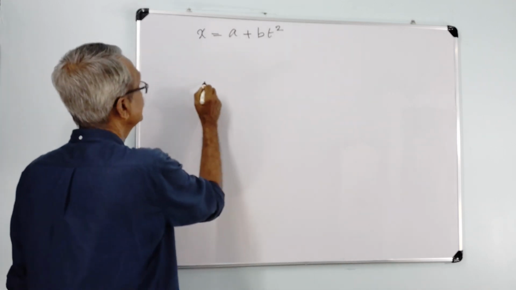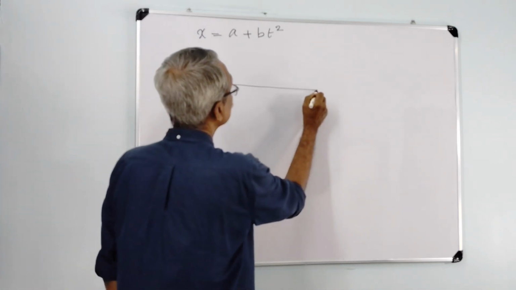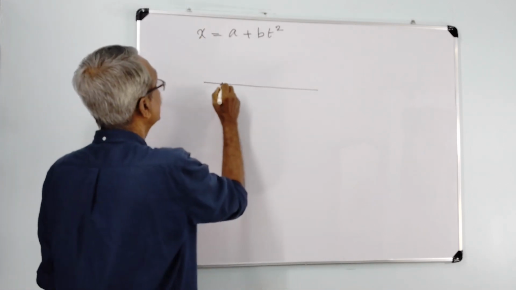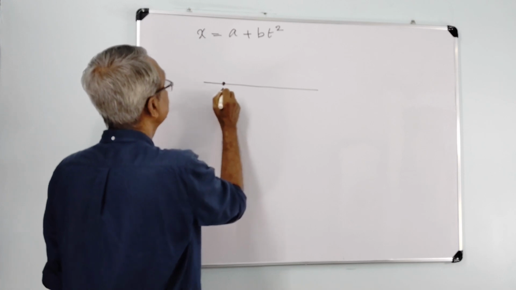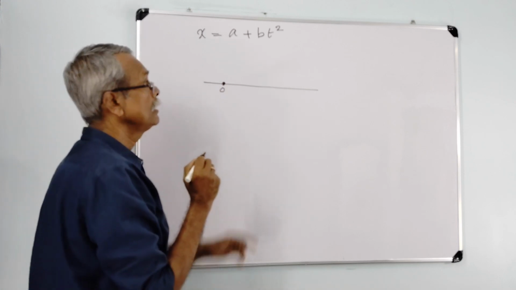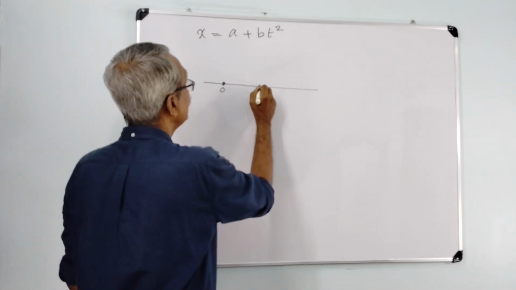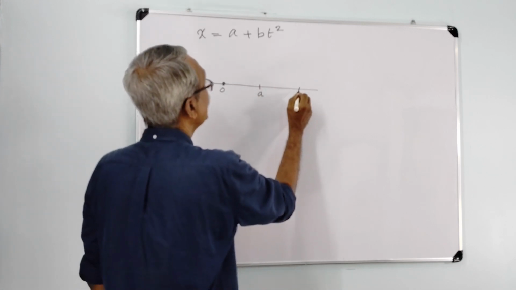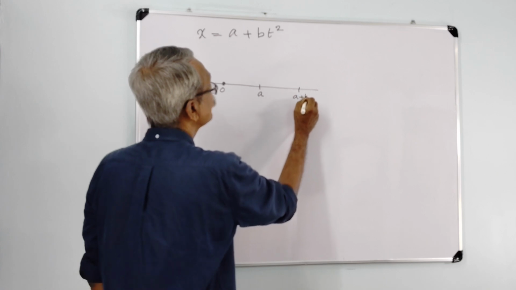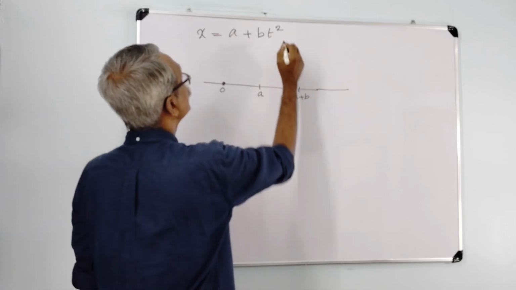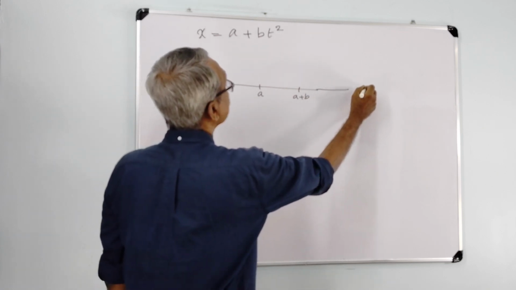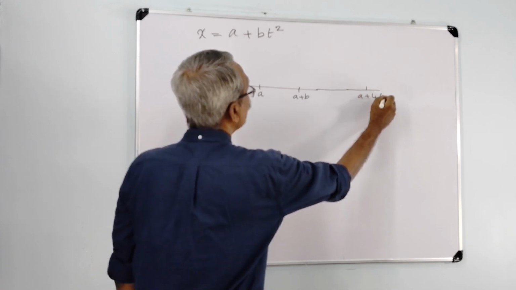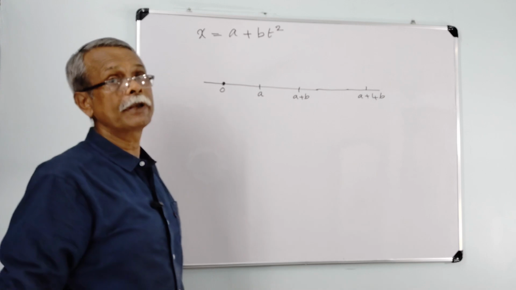This is one-dimensional because only x is given, and this is the origin 0. At t equal to 0 it will be at a, at t equal to 1 it will be at a plus b, at t equal to 2 it will be at a plus 4b, like that. This particle will be moving according to this equation.